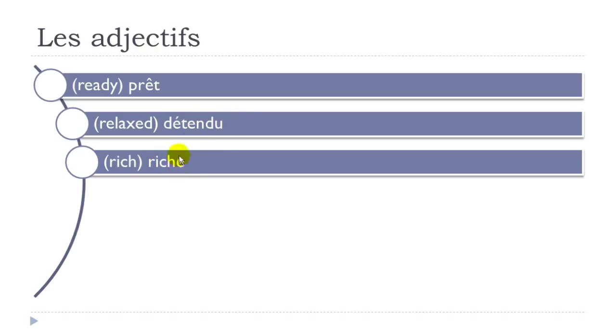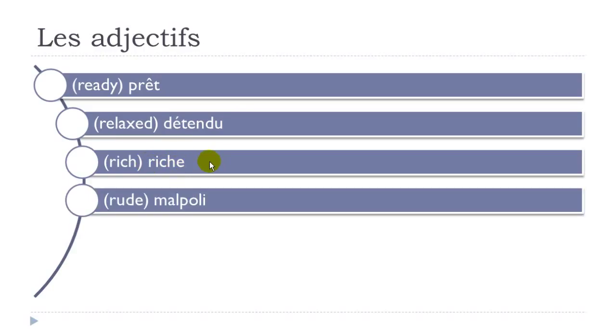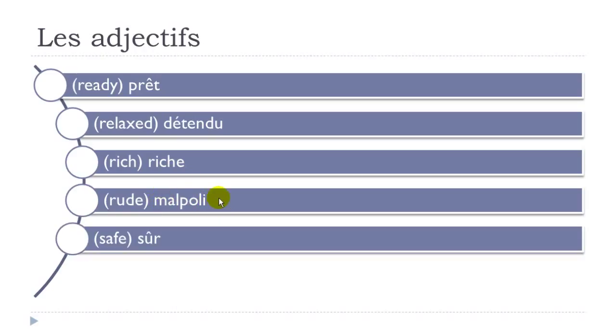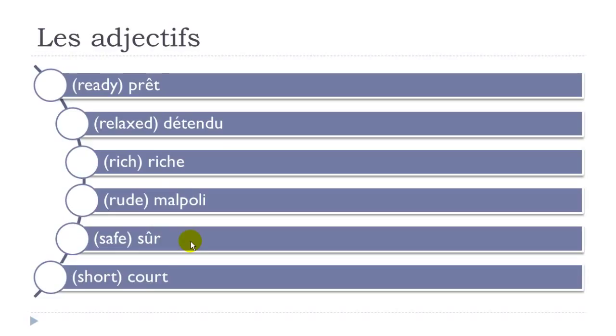Riche. Final not really pronounced, so sh is the last sound. Riche. Malpoli. Sûr. Accent circonflexe on the top of U. Sûr. Cours. Final T not pronounced. Remember, when you combine this O and U together, you get the sound OU. Cours.